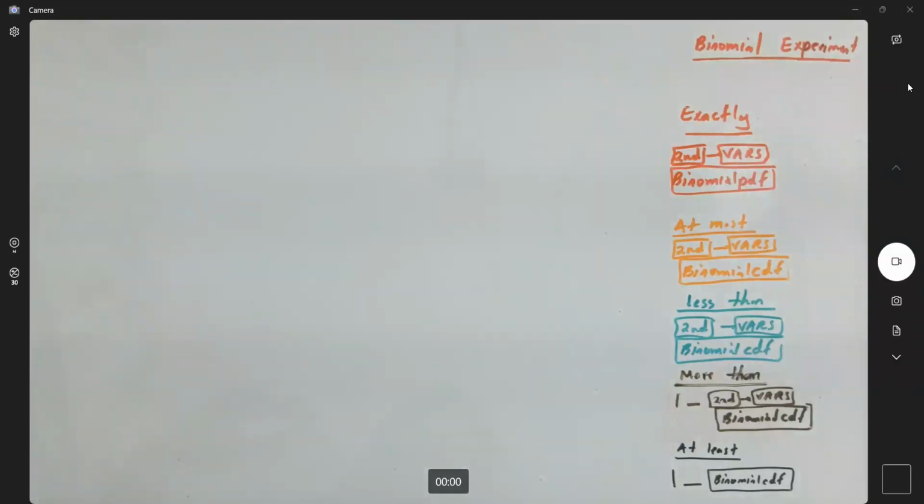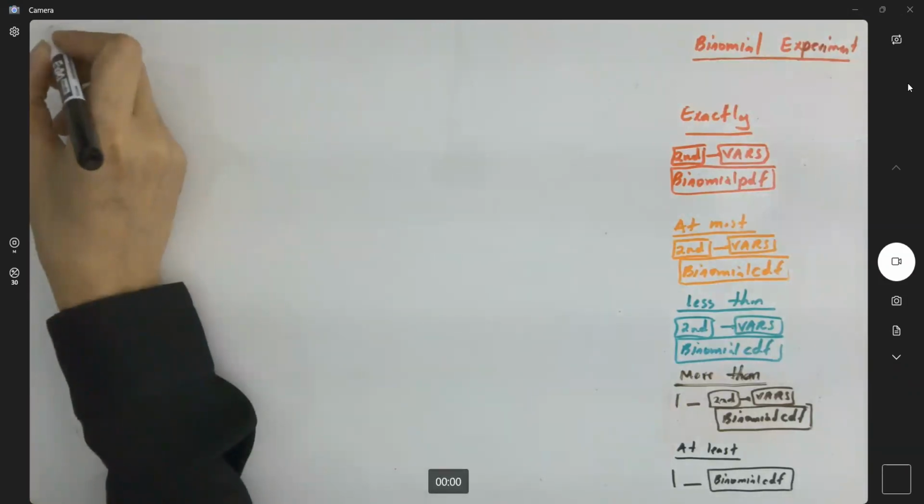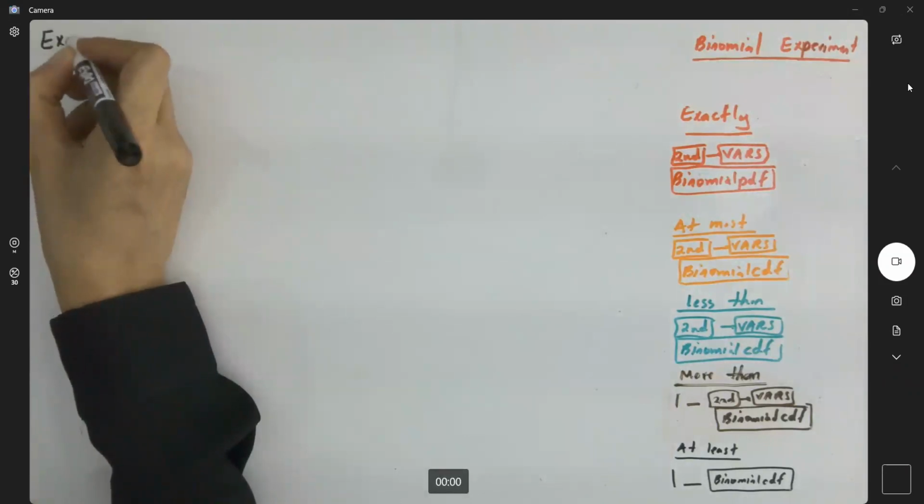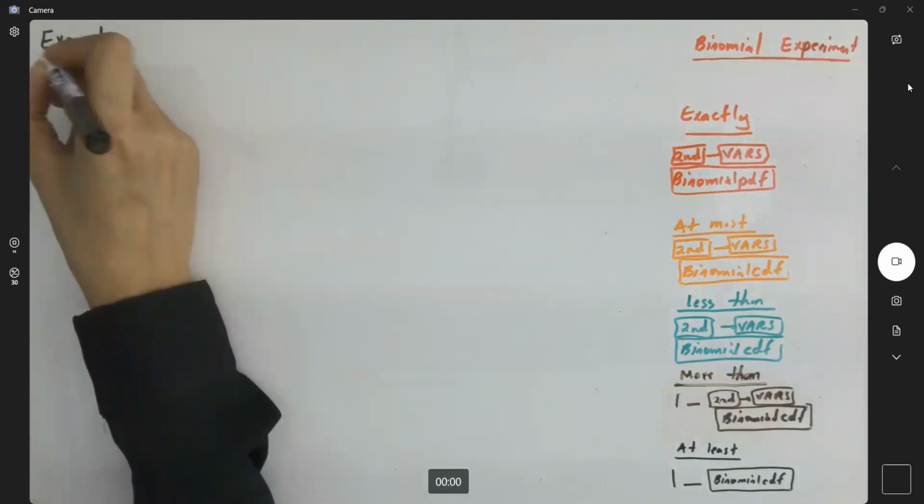Another example for you. In this example, we have the following scenario. This example says you have a survey.